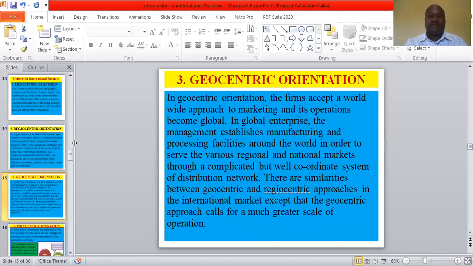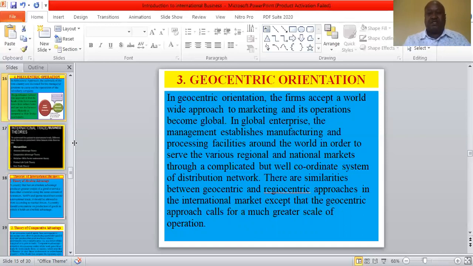There are similarities between geocentric and regiocentric approaches in international markets, except that the geocentric approach calls for a much greater scale of operation. It goes global, whereas regiocentric can cover a smaller part like the Horn of Africa, East Africa, Central Africa, or Africa as a region.